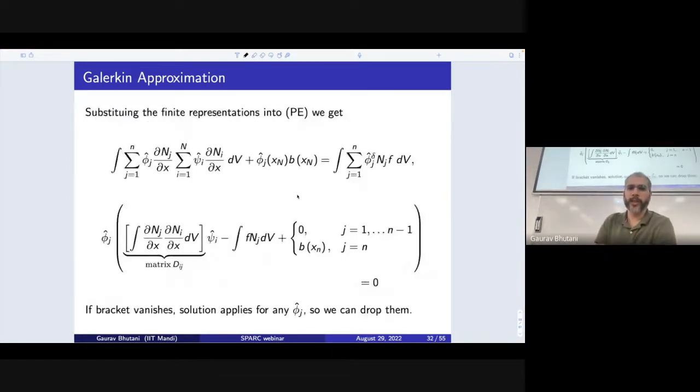Now we substitute this into our Poisson equation. Here we had del phi by del x and del psi by del x. Now phi hats and psi hats are simply coefficients. It's the basis functions which change with x. So we get del n's by del x. We simplify this further and take the phi's out. Now remember I said it should be true for all test functions, all phi's.